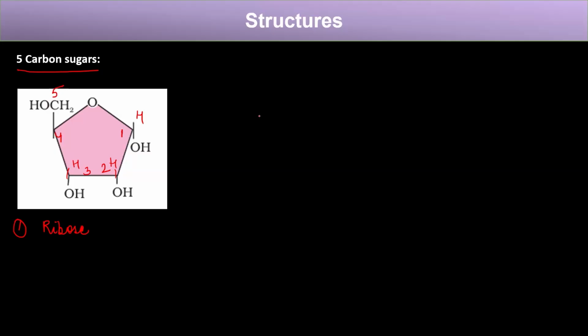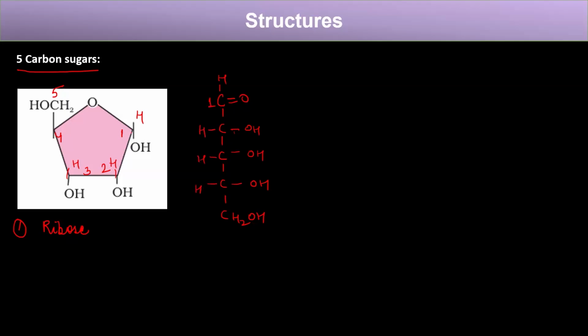If you look at the linear structure, how will it be? The linear structure will be like this: 1, 2, 3, 4, 5, CH2OH, right? So this is the linear structure of ribose. Now, in the case of ribose, where is the carbonyl carbon? This one.